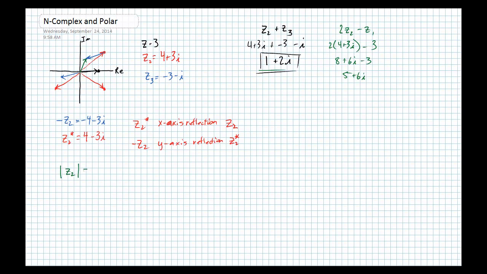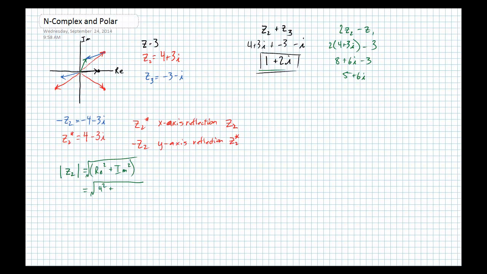And so to get the length of z2, we just go the real part squared plus the imaginary part squared, and then we square root all of that, right? Because all we're doing is a squared plus b squared equals c squared. And so z2 I can get very easily by doing the square root of the real part, which is 4, squared, plus the imaginary part, and don't worry about the i, just how many units it is.